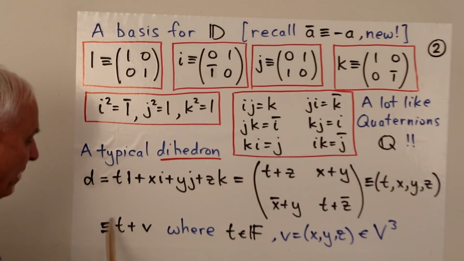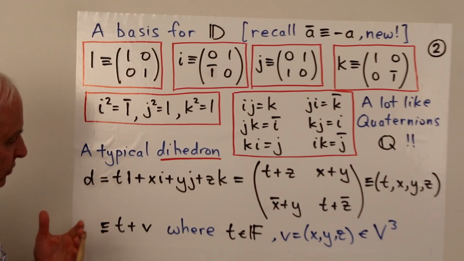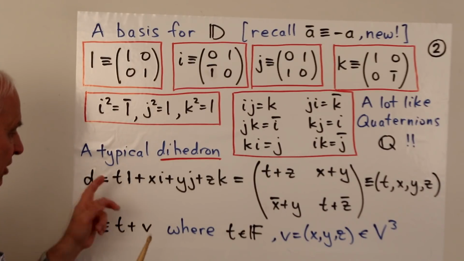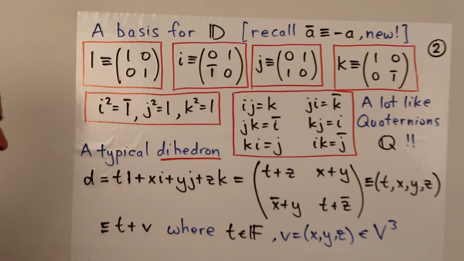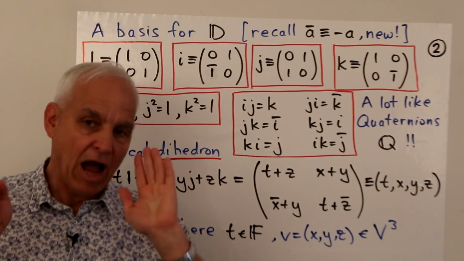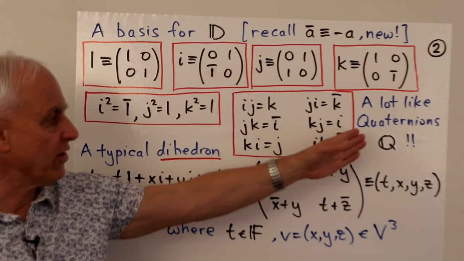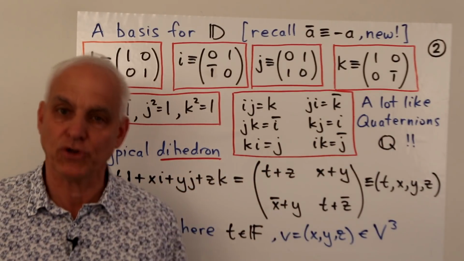This is a very compact way of representing things, which captures the distinction between the identity part and the vector part. So there's a scalar part here and a vector part to the dihedron. And this is entirely analogous to what happens in the usual familiar story of quaternions.